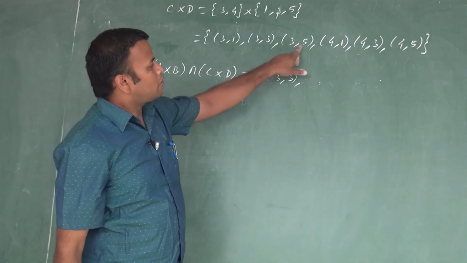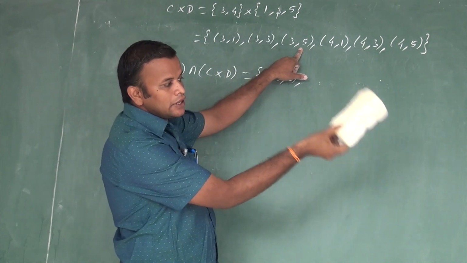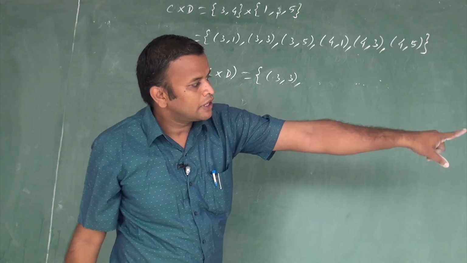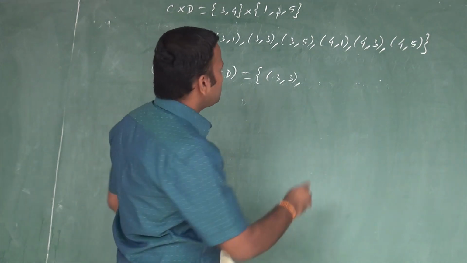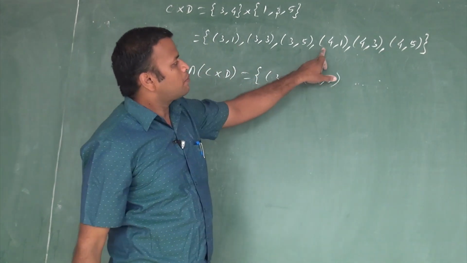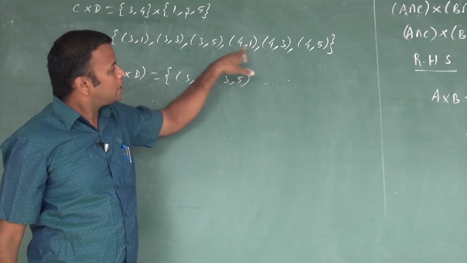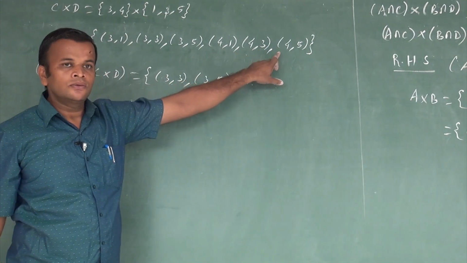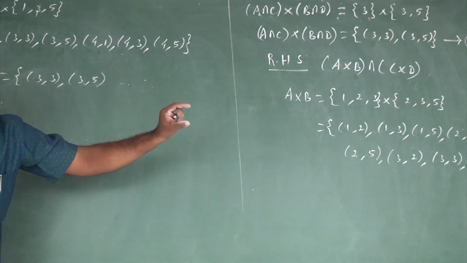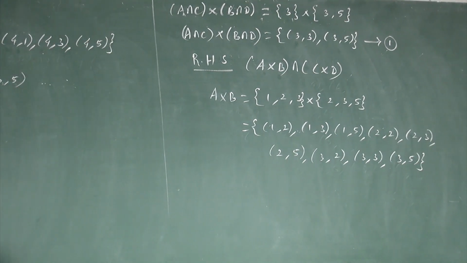Next, 3 comma 5. We check whether the ordered pair 3 comma 5 also lies in A cross B. Yes, 3 comma 5 is there. Next, 4 comma 1, 4 comma 3, 4 comma 5. The remaining 3 ordered pairs start with 4. We check in A cross B: none of the ordered pairs start with 4.